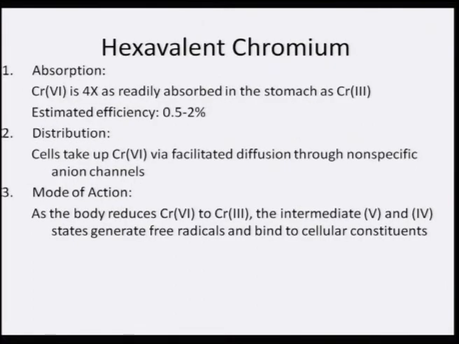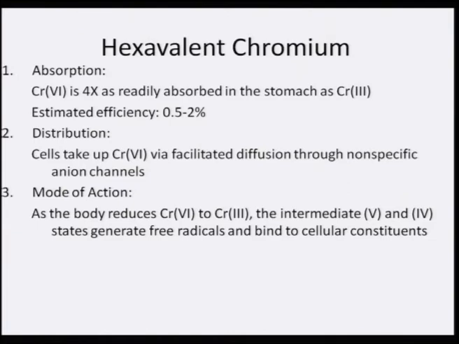Hexavalent chromium absorption. Chromium 6 is about 4 times more readily absorbed in the stomach as compared to chromium 3. Estimated efficiency is 0.5 to 2%. It is distributed in the cells, and they take up chromium 6 via facilitated diffusion through non-specific ionic channels.